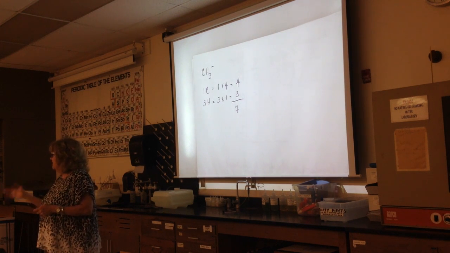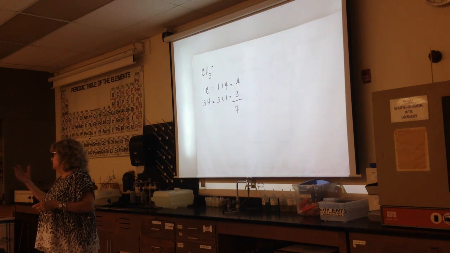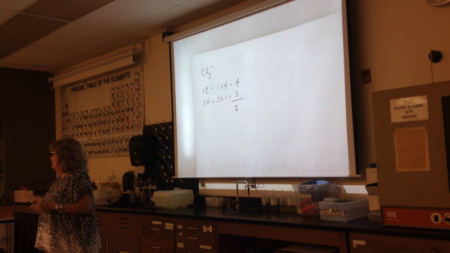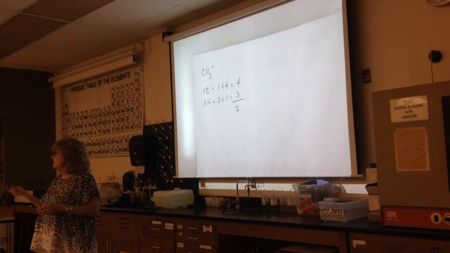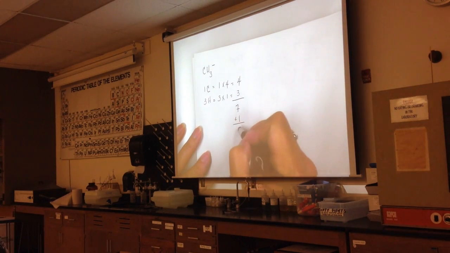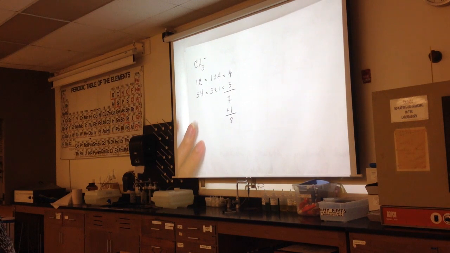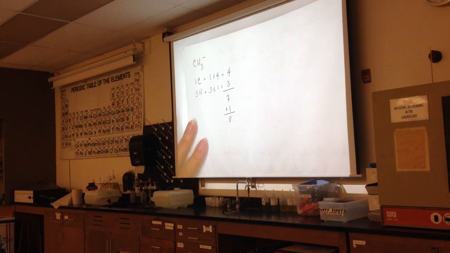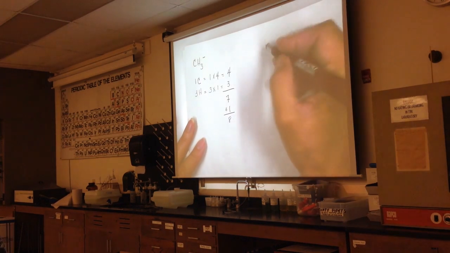You add 1, right? This is the only class that a minus is a plus, right? So a minus means you have 1 more electron, and then you go ahead and you add them in. Yes? So you add 1 more. There's a total of 8. So I do the same thing.